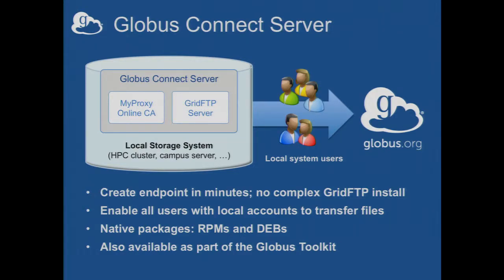But Globus Connect Server has packaged all this up to make it very simple to just install on your machine. We have binaries for various platforms, and then you can quickly connect it to the Globus ecosystem, right? If anybody here remembers GridFTP days, you would have to go get a certificate, and then create a proxy, and manage your certificate, and then submit commands to do this, right?